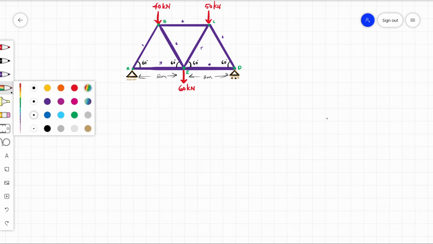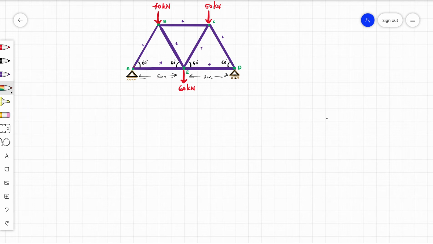A member is an element which is in between two joints. Now let me assume this is member AB, member AE and joint A. So this is member AB, member AE and the joint A at this point. I hope you understand this.